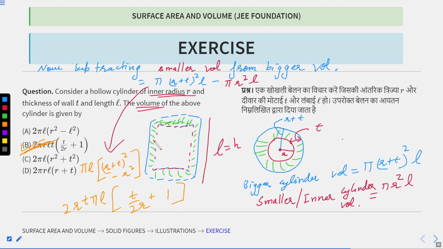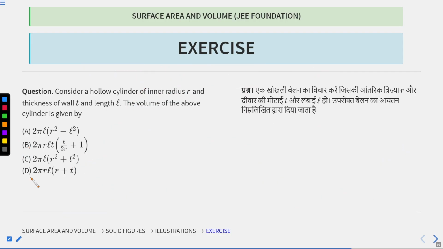For the volume of the required in-between part, we have the volume equals 2 pi r L t times (t by 2r plus 1). I hope this is also clear to you.